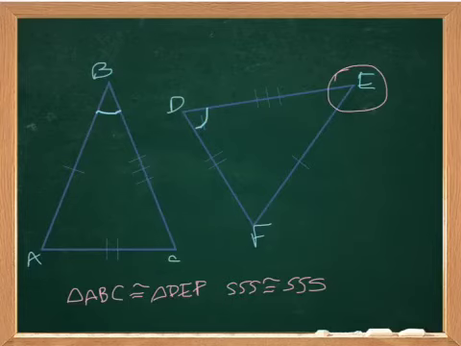And we don't know anything about DEF. Right now, it's telling us that angle EDF is congruent to angle ABC. But EDF is actually corresponding to this angle. So we cannot use side, angle, side here because it's a different angle. They're not corresponding angles.